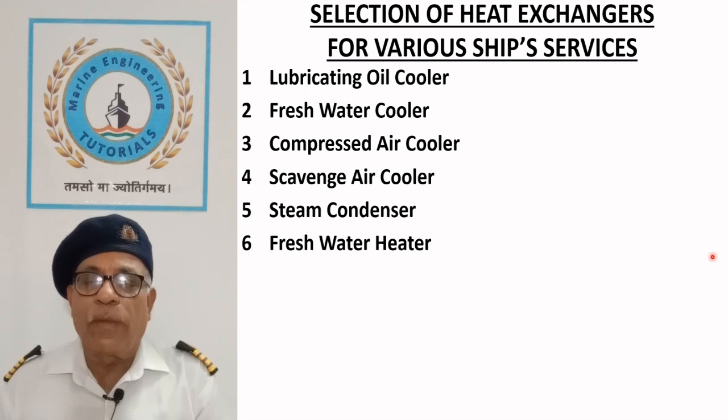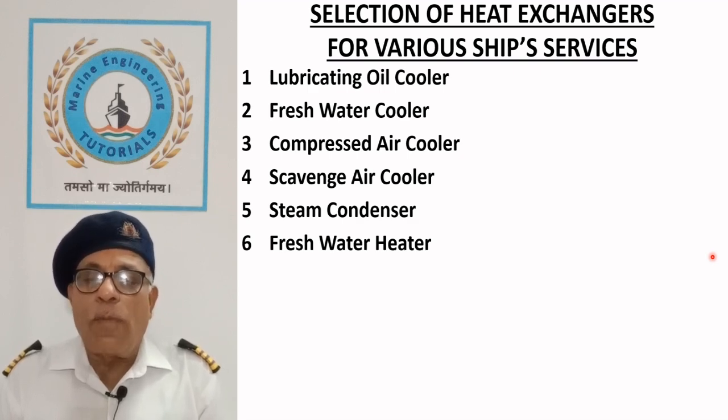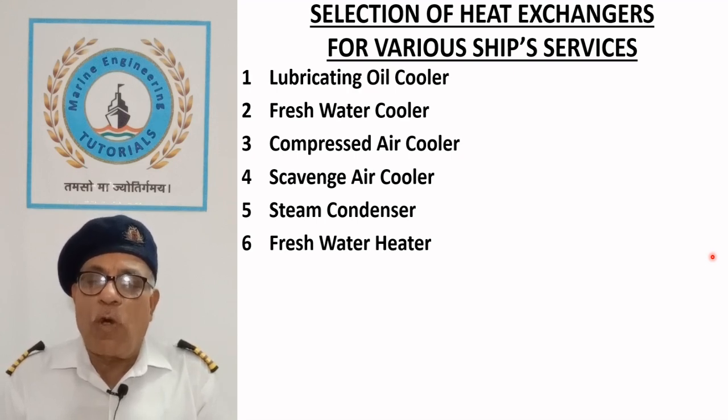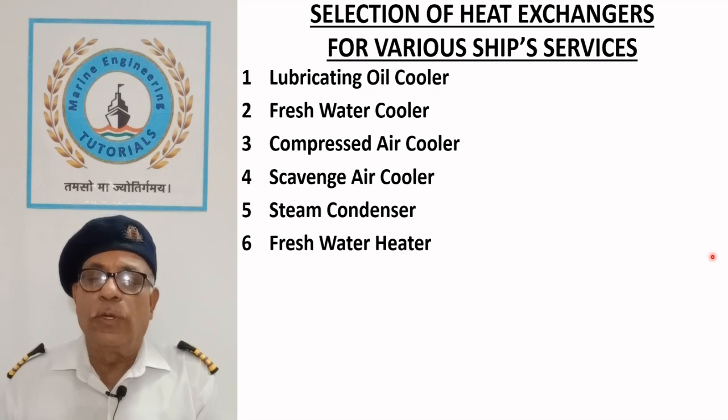Freshwater heater. Freshwater heaters are used on the ship for heating domestic water, commonly known as calorifier, and for heating main engine jacket cooling water during port stay to keep the engine warmed up for immediate use.